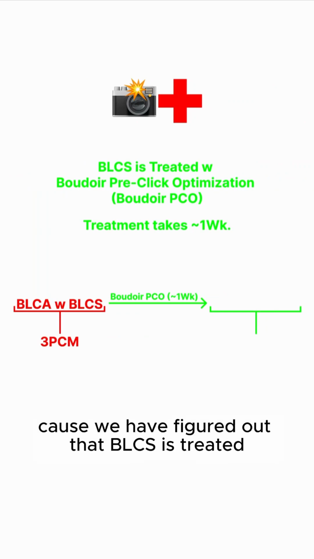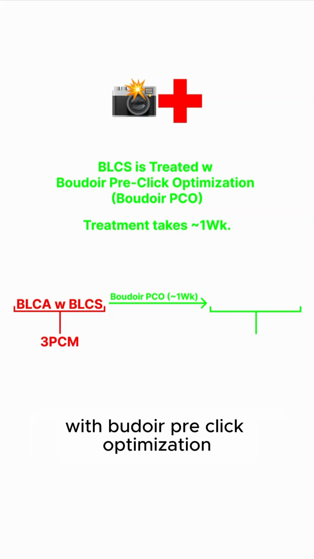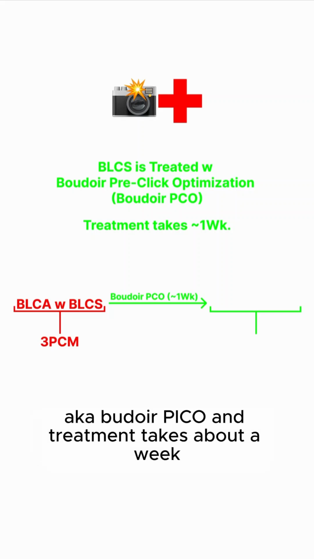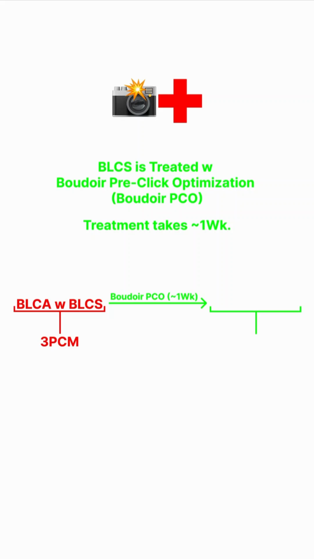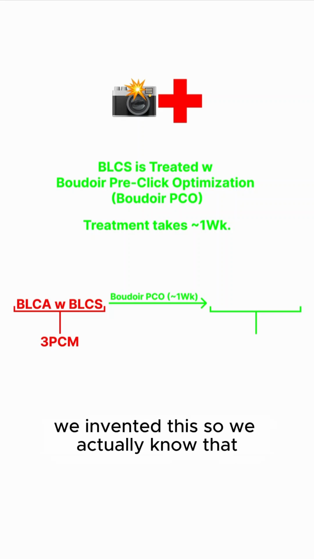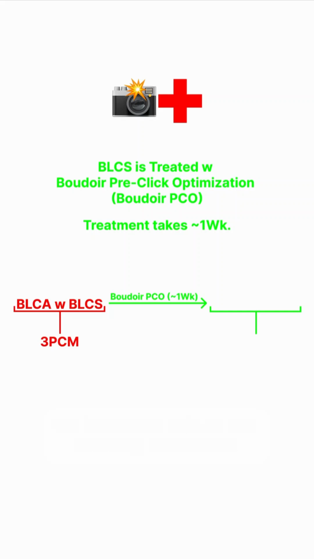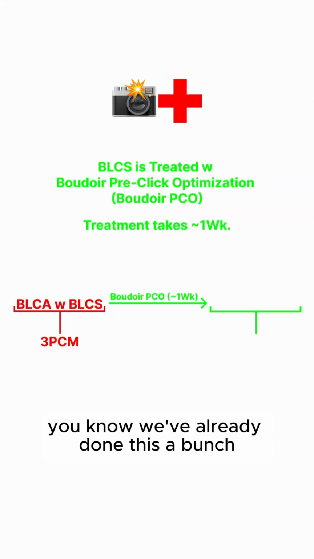Good thing though, because we have figured out that BLCS is treated with boudoir pre-click optimization, aka Boudoir Pico, and treatment takes about a week. The best part is, we invented this, so we know we've already done this a bunch.